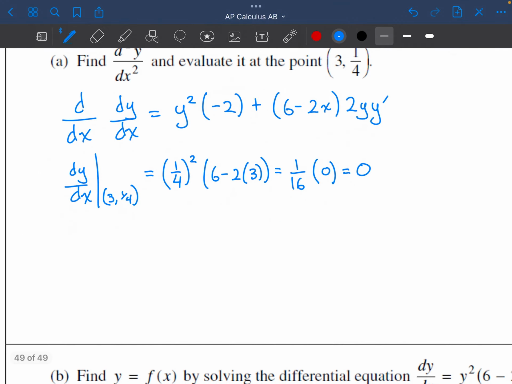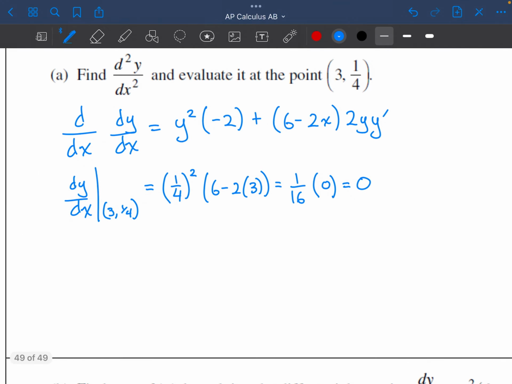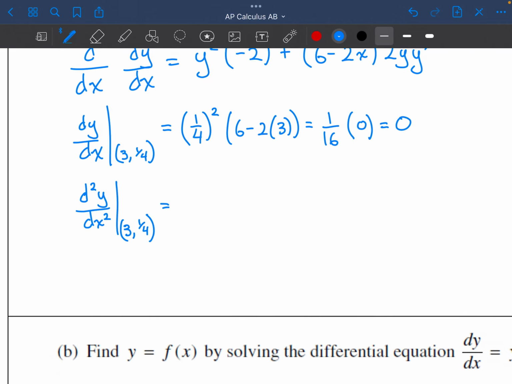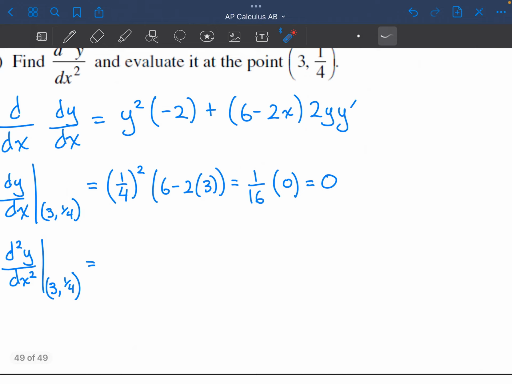And then I just basically need to do the second derivative, which I'm going to annotate as d squared y over dx squared. You could have just put y double prime. Whatever. And again, I'm plugging in 3 comma 1/4. So essentially I'm rewriting all of this, but in the place of all of these variables, I know what each of those are now.